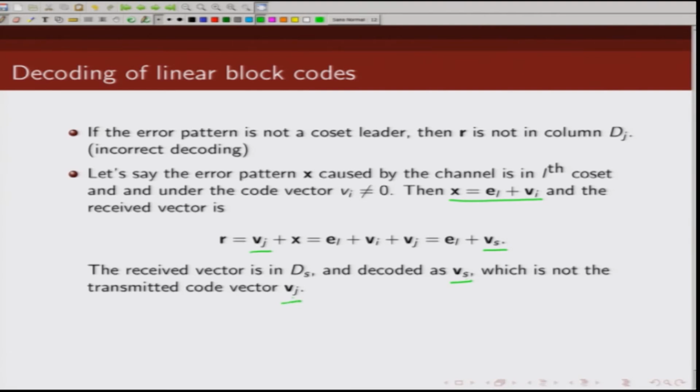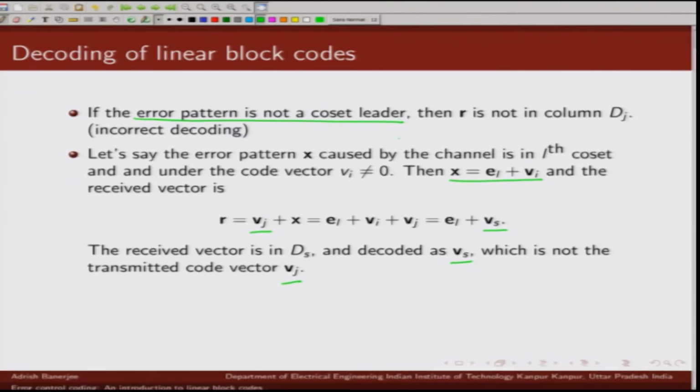So, that is what I meant. If your error pattern is not a coset leader, then R would not be in the same column as Dj. If this had been a coset leader, this would have been just EL, and the received sequence would have been just EL plus Vj. So, this would have still remained in the partition Dj, and we would not have made a mistake.